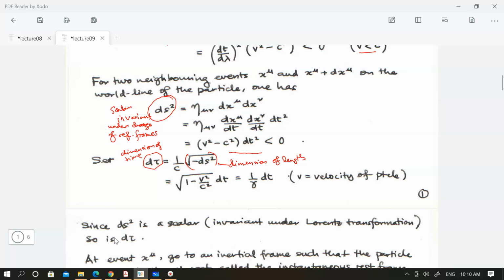This is coming from taking minus ds squared to be c squared minus v squared dt squared, and dividing it by dt. I'll bring out 1 over c.